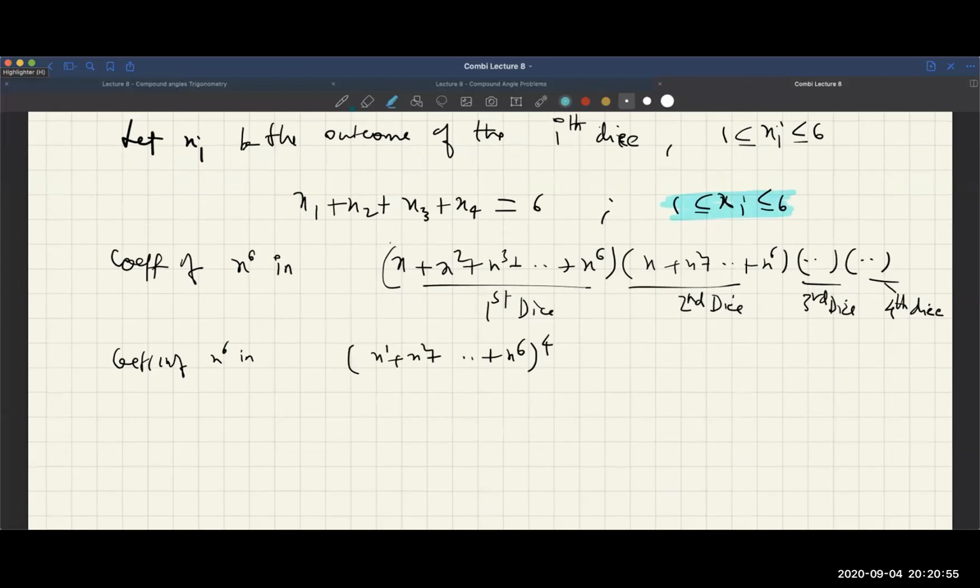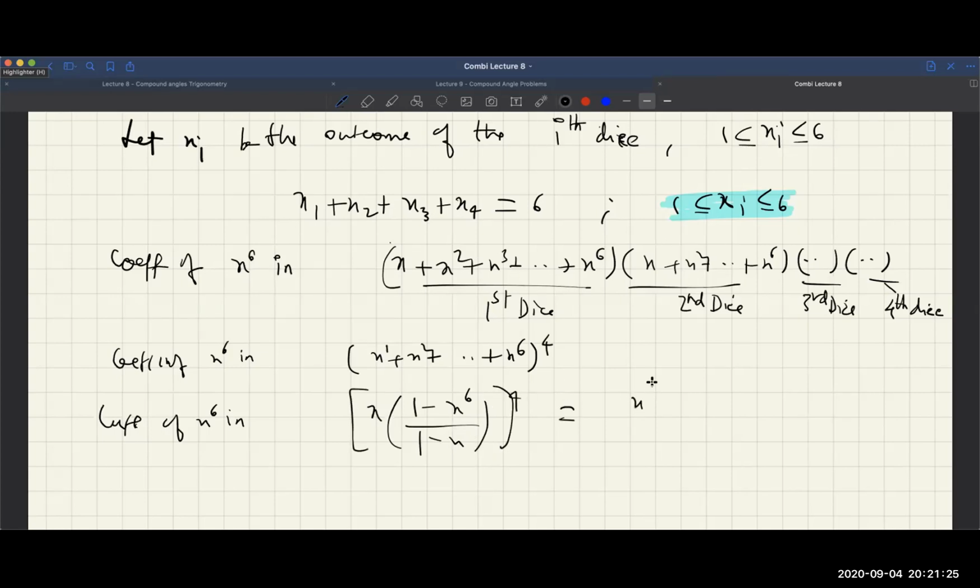So we directly use the concept of what do we do here? We write this as the coefficient of x raised to 6 in x into 1 minus x raised to 6 upon 1 minus x, the whole raised to 4, which is actually equal to x raised to 4 into 1 minus x raised to 6 the whole raised to 4 into 1 minus x raised to minus 4.